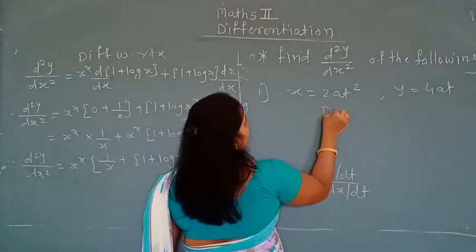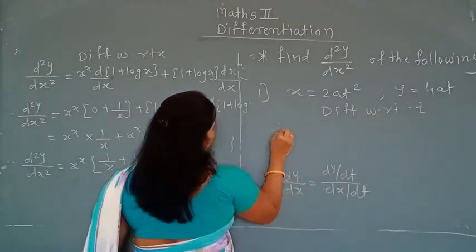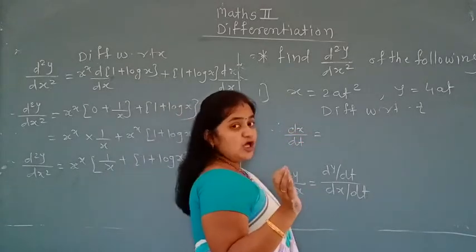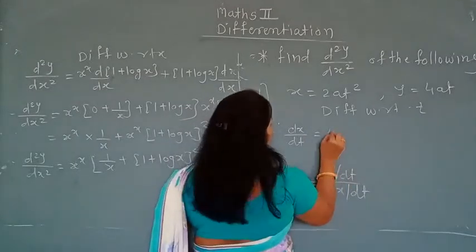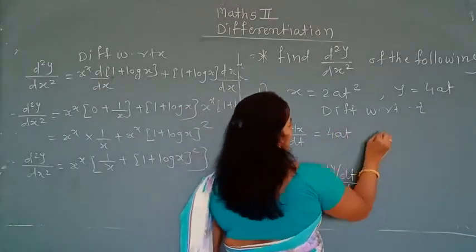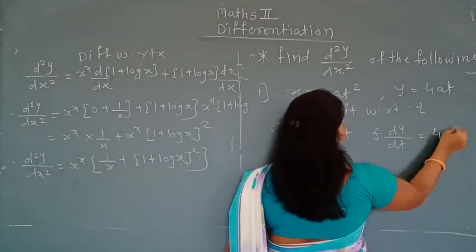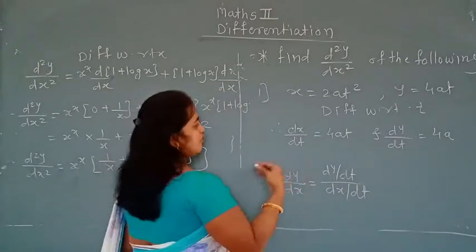So simplify, differentiate with respect to t first. Therefore dx by dt is equal to 2a is a constant, t square derivative which is 2t. So we get here 4at, and dy by dt is equal to only 4a, derivative of t with respect to t is 1. So 4a.